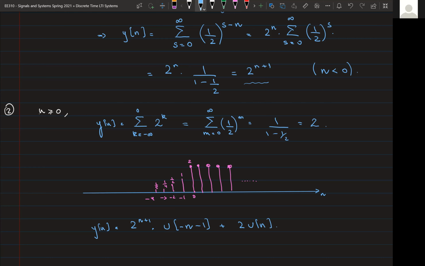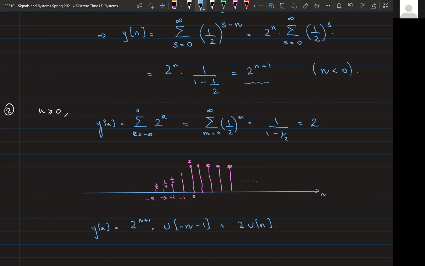Sir, does this mean that the area of our original signal x of n was 2? Yes, it was 2. But Daniel, just one small point: in discrete cases we don't talk about area. But I know what you mean, you're saying the accumulated values.